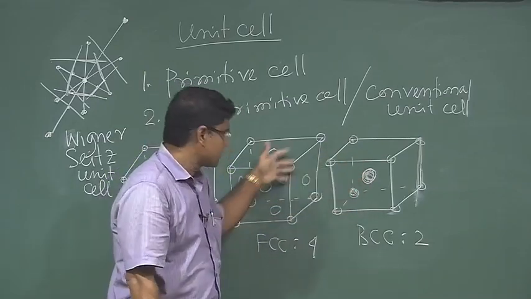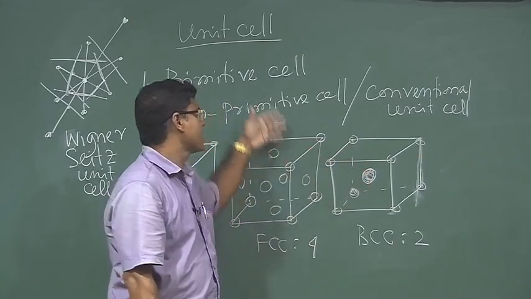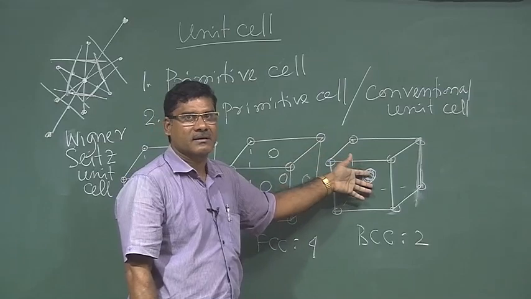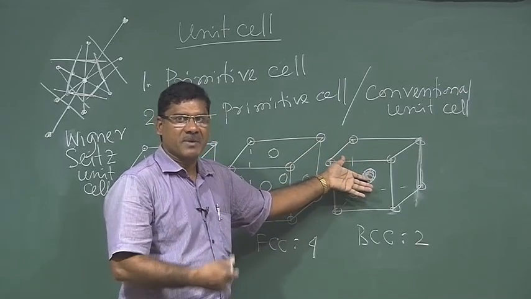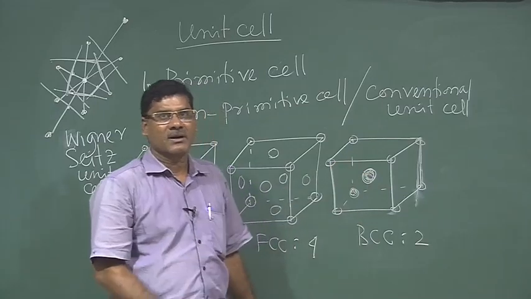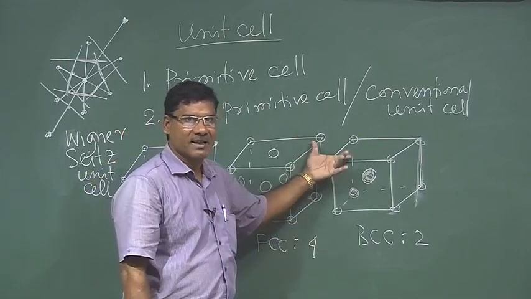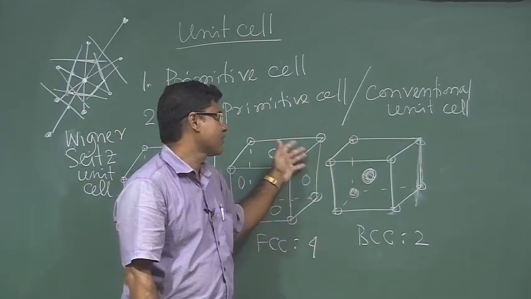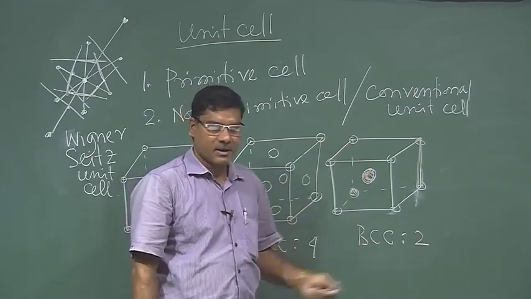From this lattice one can construct the primitive unit cell, but it has less symmetry. That is why we do not prefer the primitive cell here, but rather the conventional cell, FCC and BCC. Okay, I will stop here.